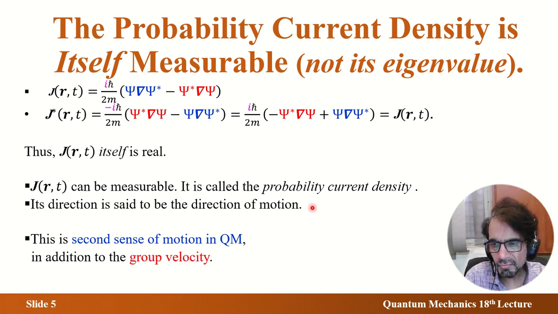The earlier sense of motion in quantum mechanics was group velocity. If group velocity is non-zero, we say the particle is moving, and the second thing is if probability current is non-zero, we say the particle is moving. So in both cases, these are the proper ways of saying it. Otherwise there can be your imagination, or maybe other ways I am not saying. The proper ways of using the word motion in quantum mechanics are the 2 written here.